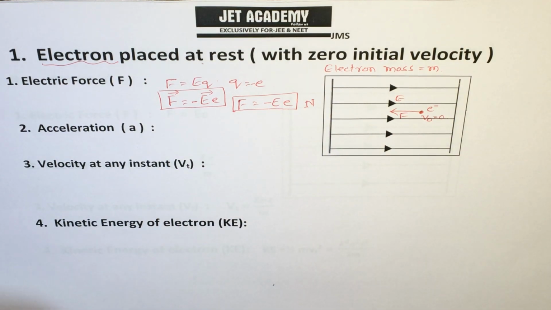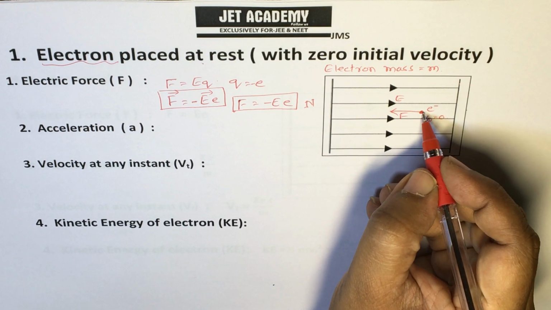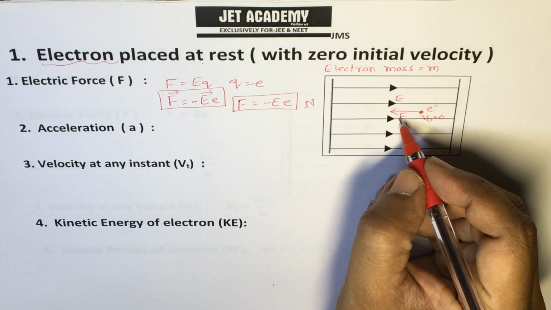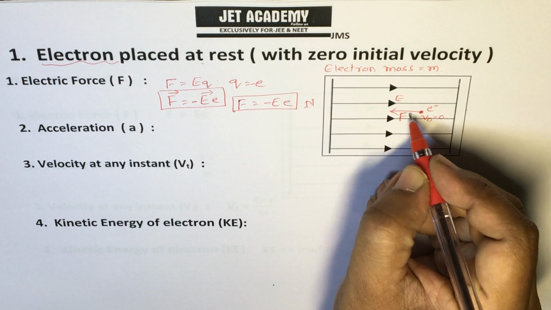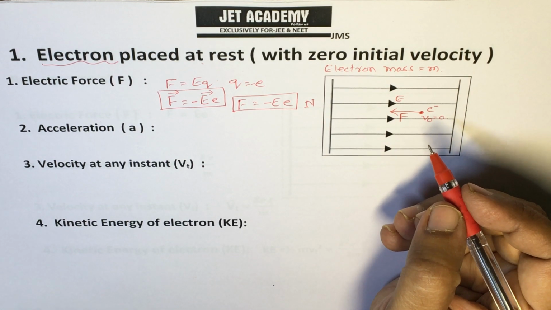Then acceleration. We know that the electron has a certain mass, and once it experiences the force, then automatically it has to accelerate. We know all these dynamics from previous lower classes.